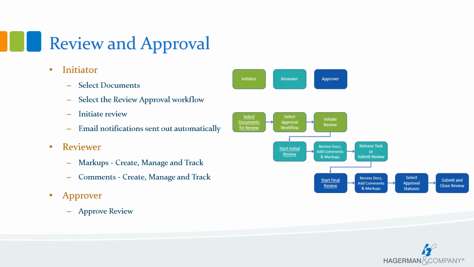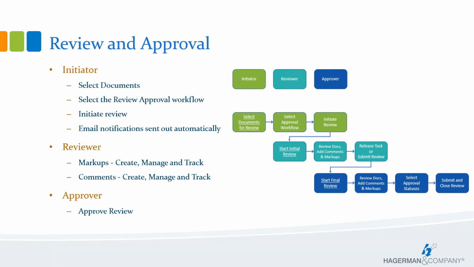Once project review templates are established, there are three main areas in the review process: the initiator, the reviewer, and the approver. There can be more than one reviewer or approver, and the initiator can also be the approver, depending on the review template selected by the initiator.